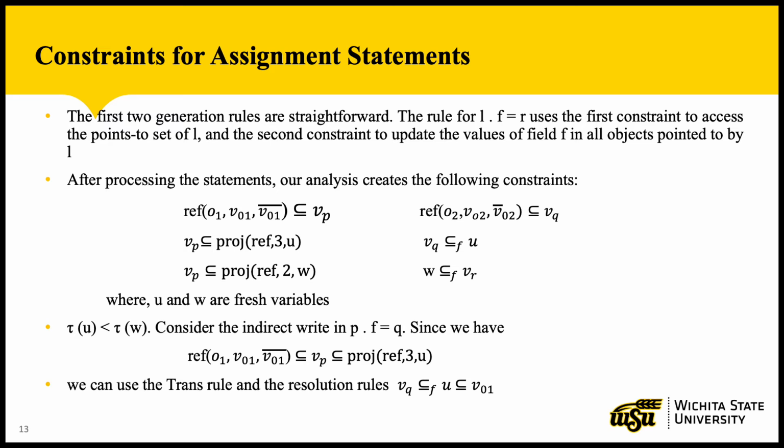For the condition tau(u) less than tau(w), we consider p.f = q, and since we have this equation, we can use the trans rule and the resolution rules: Vq subset-or-equal to u with respect to f, and u subset-or-equal to Vp.